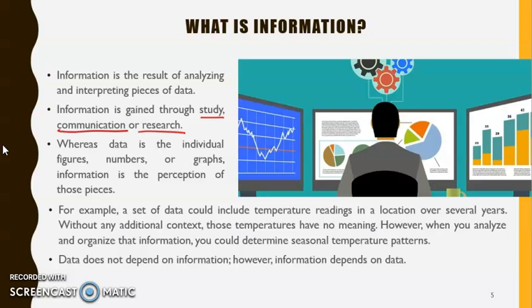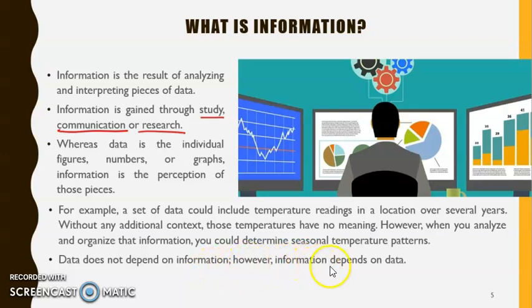I'm sure at this point you start having some questions in your mind that I'm going to answer in the following slides, because now I want to give you the definition of data and information alone before we start discussing the relation between them. And finally, about the last one, data does not depend on information.